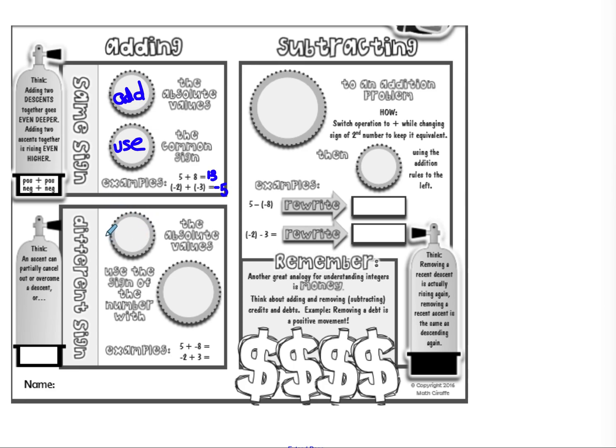Okay, different signs. If there's different signs here, we have to start by finding the difference. So we subtract.